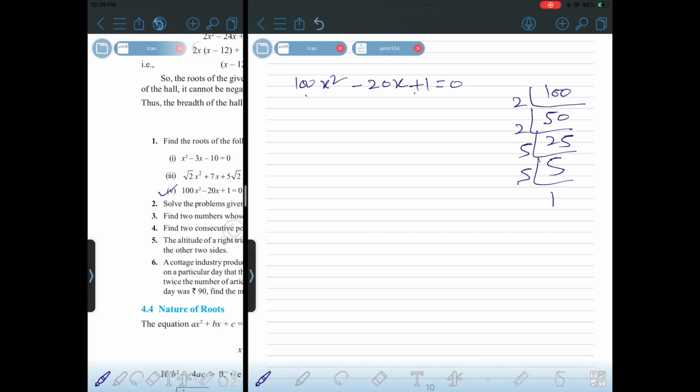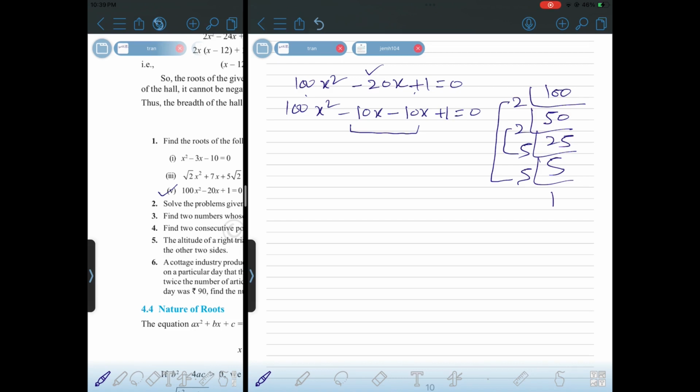We can do it like this: 10 and 10. So we can write 100x² - 10x - 10x + 1 = 0. Now you can see that if you add -10x and -10x, that is -20x, and once you multiply them, that is 100x².